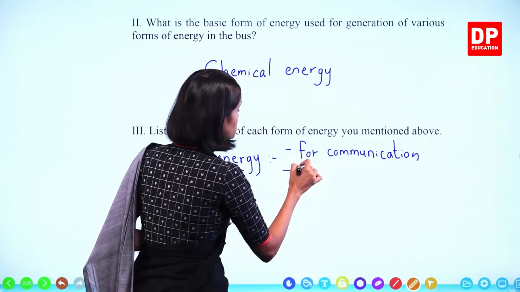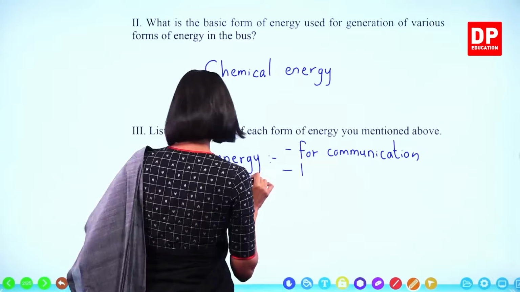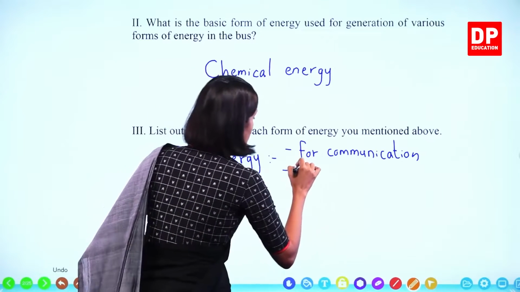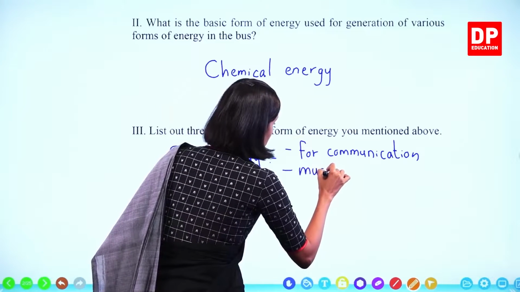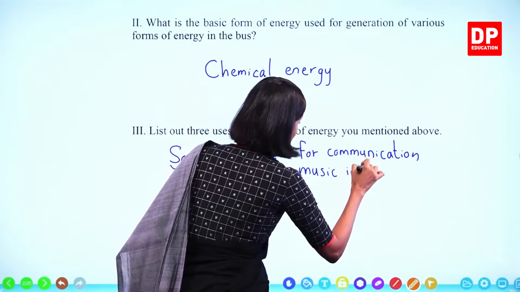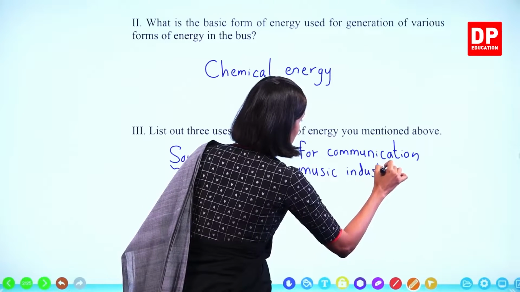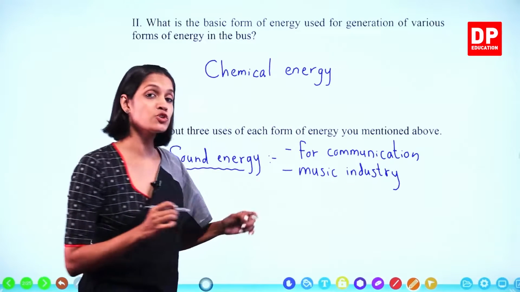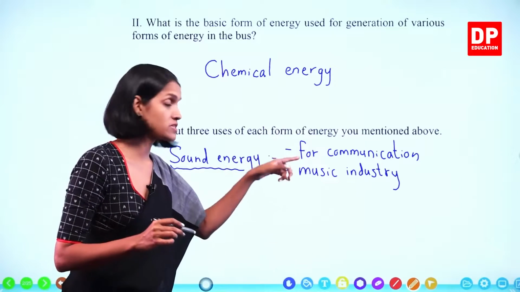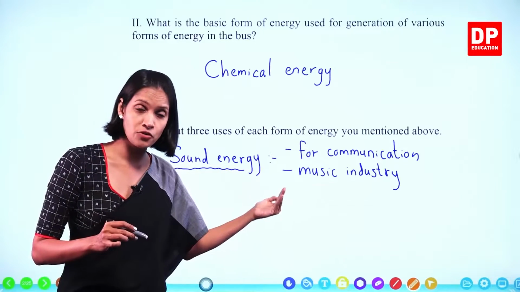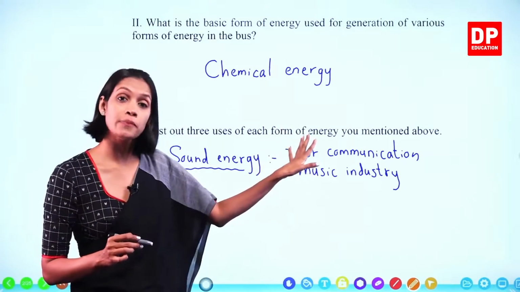And you all know it's used in the music industry. Right? And at the same time, I told you all, a type of sound waves called ultrasound waves are used to treat patients, right?